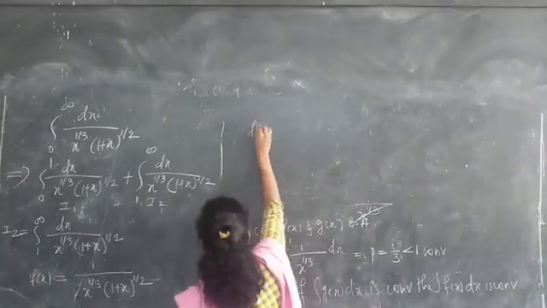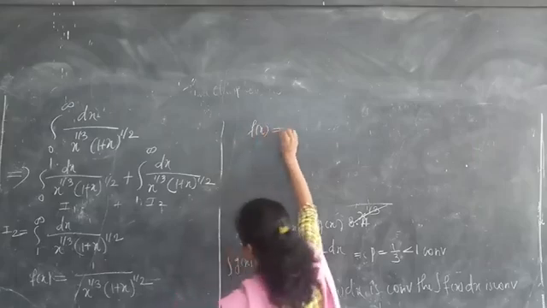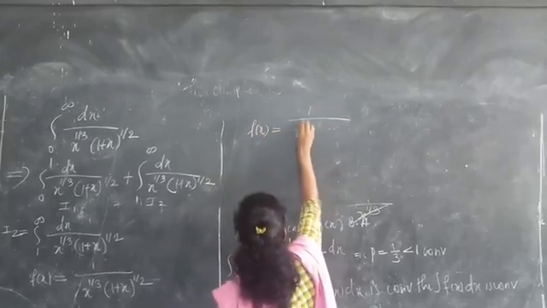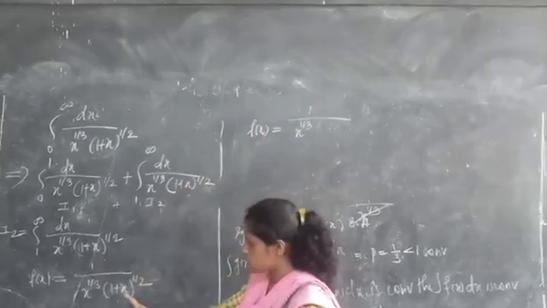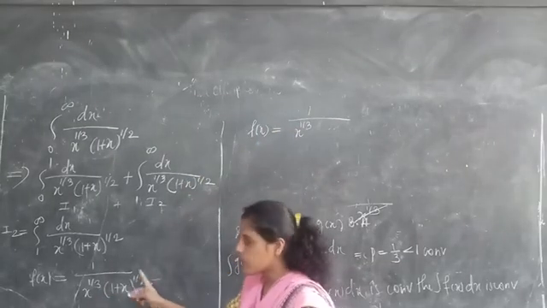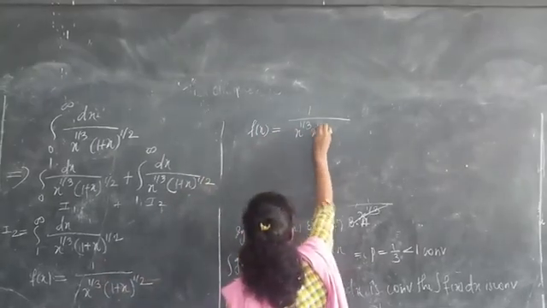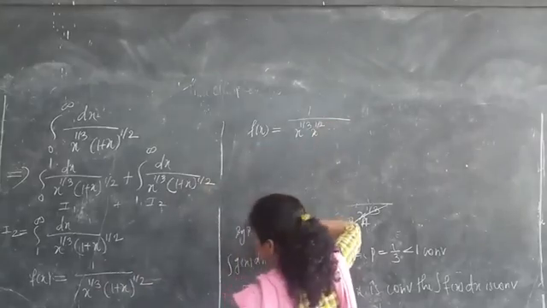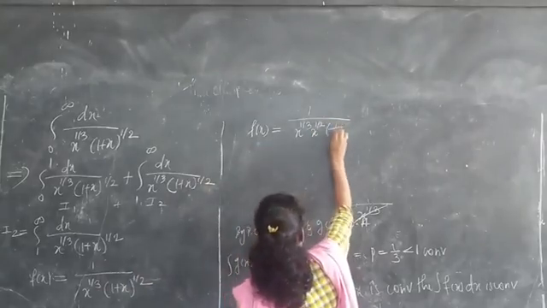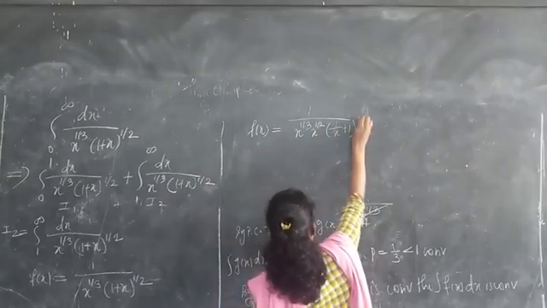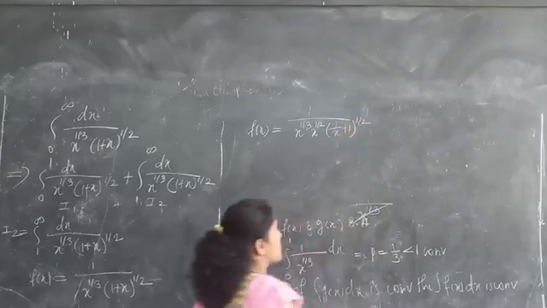That is, f of x is equal to 1 divided by x to the power 1 divided by 3, and taking x common from the second factor, it will be x to the power 1 divided by 2 times (1 divided by x plus 1) to the power 1 divided by 2.